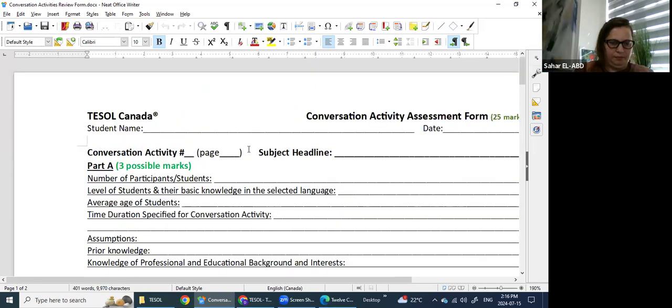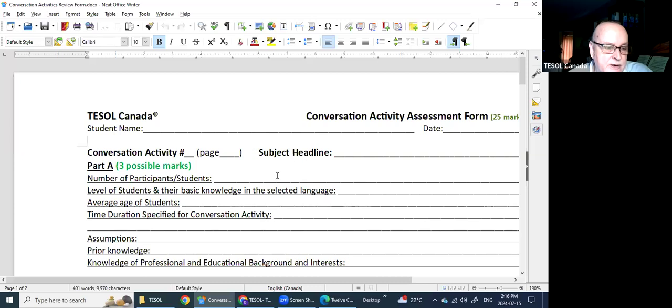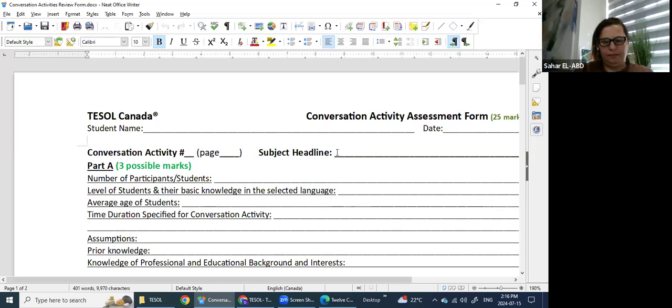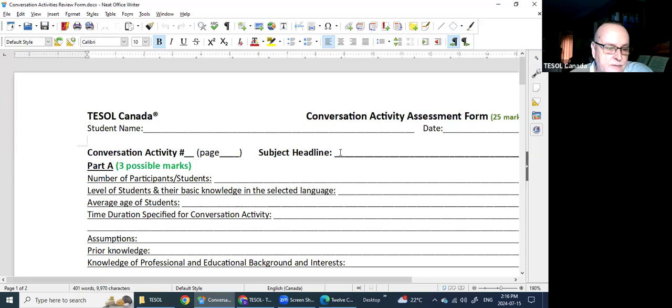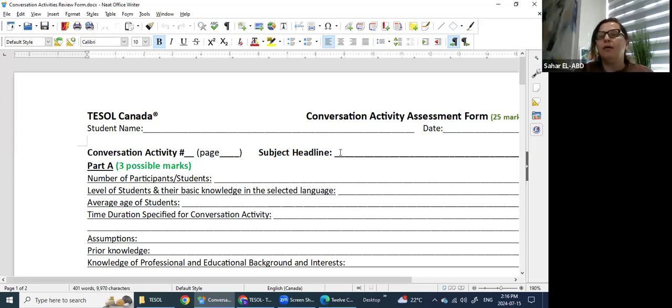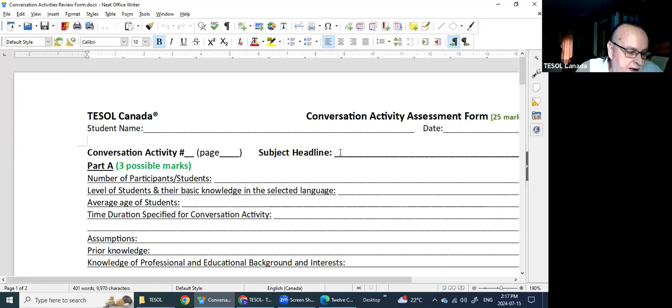Now let's create a conversation activity. What is the subject that we're going to use here? Talking about everyday routine. So everyday routines. Yes.